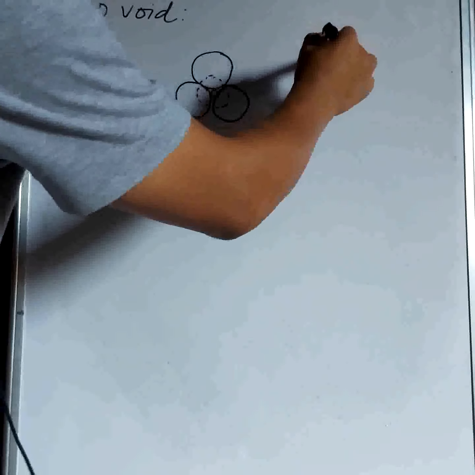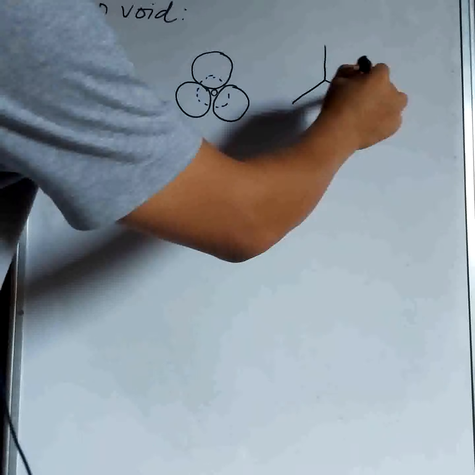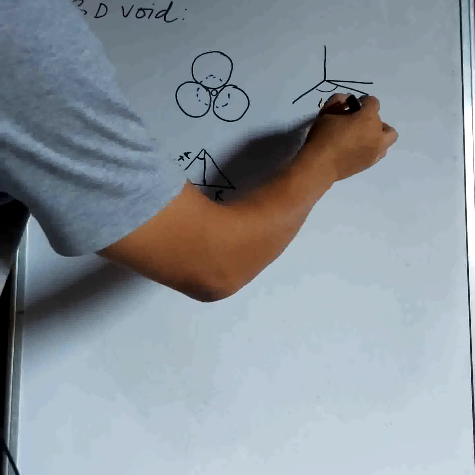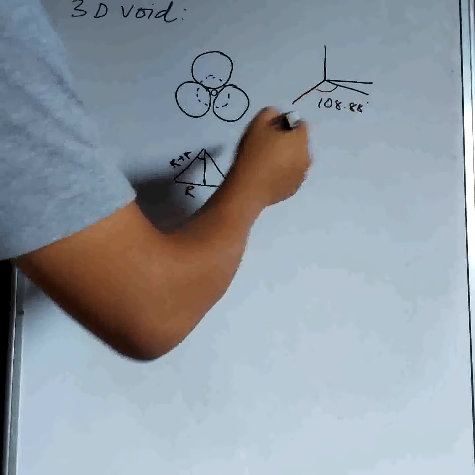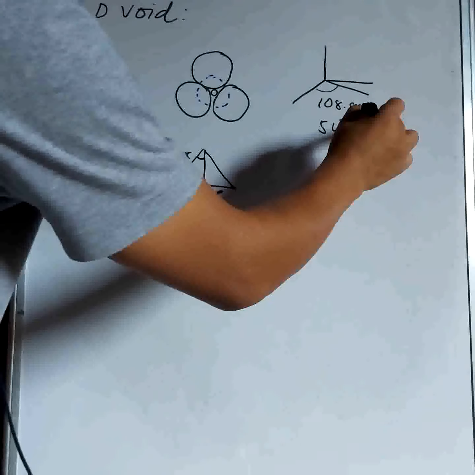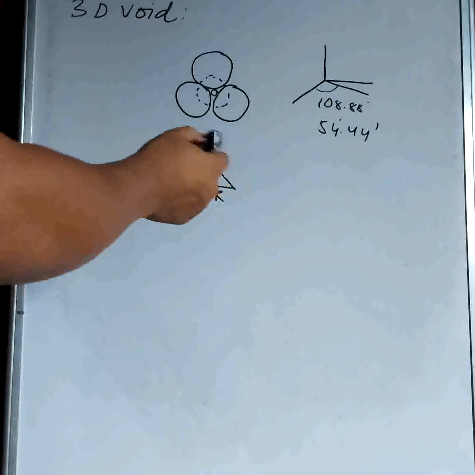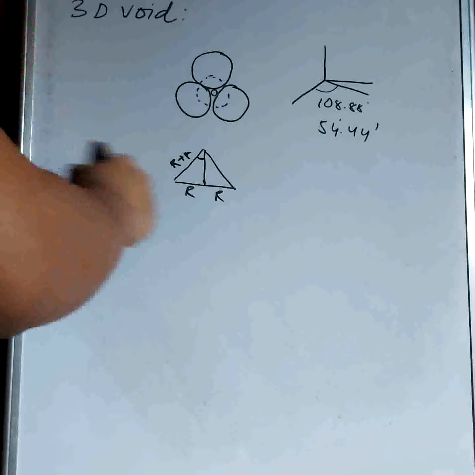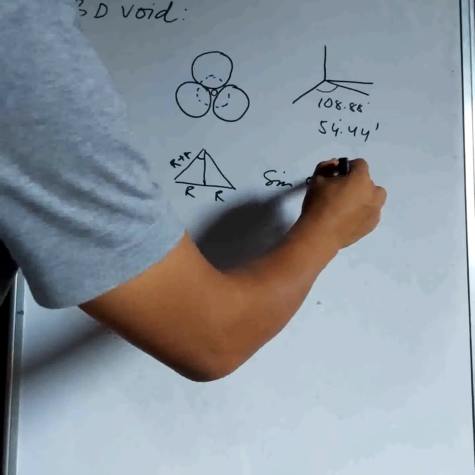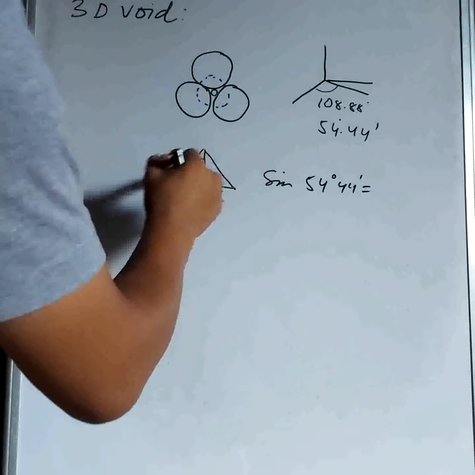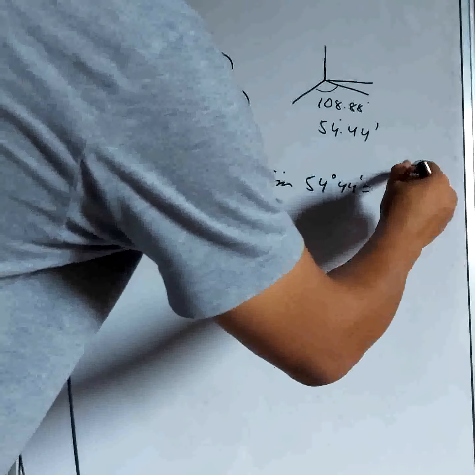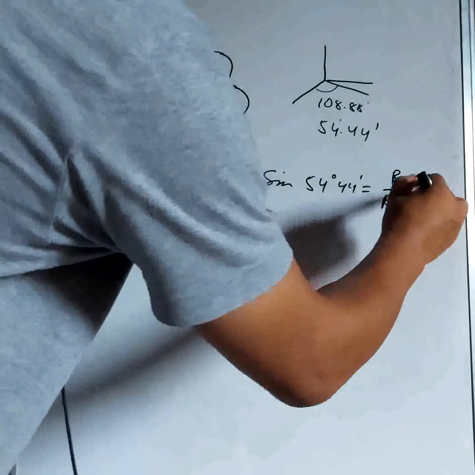And we know that the angle in a tetrahedron is around 109.28. If we split it into 2, then we get around 54.44, 54 degrees 44 minutes. Then we have the hypotenuse and the opposite, so sine 54.44 is opposite over hypotenuse, that is R over R plus r.